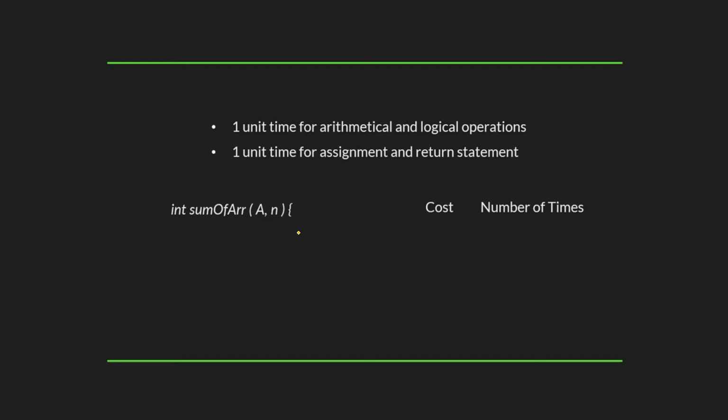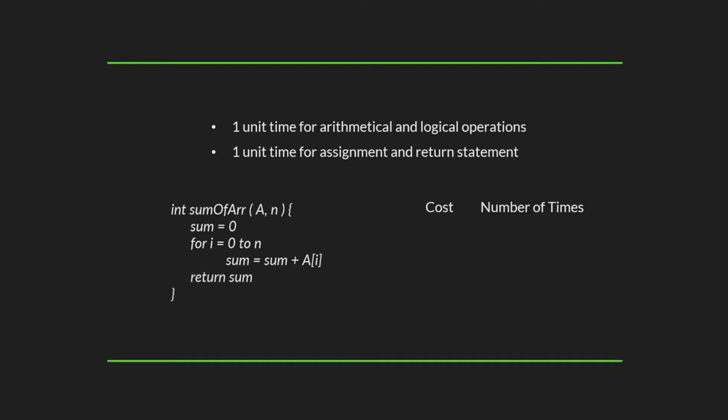So, we have this function which finds the sum of numbers in an array A of size n. We initialize a sum variable to 0, and we have this for loop which runs from 0 to n, and inside the for loop we add the array elements to the sum variable.